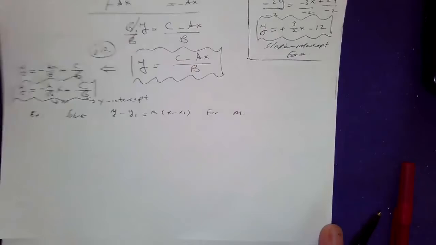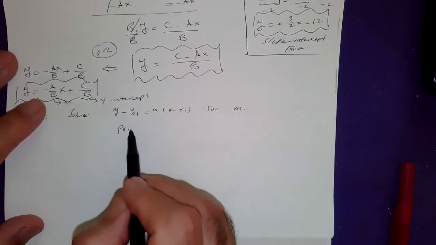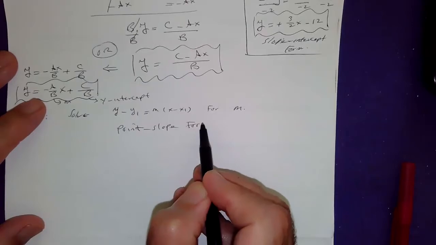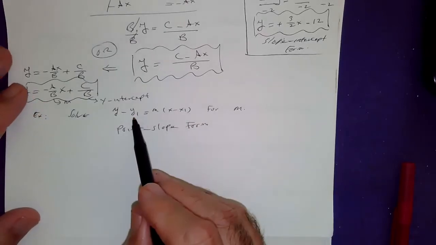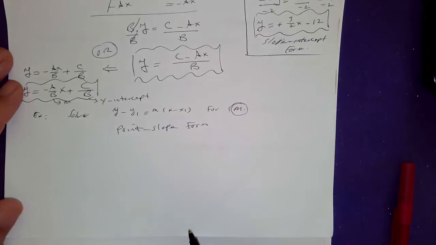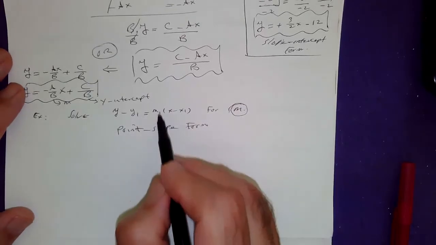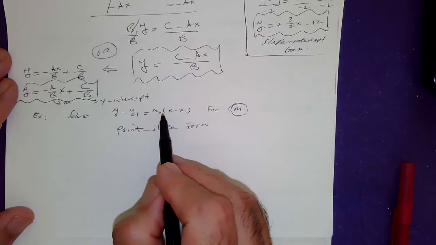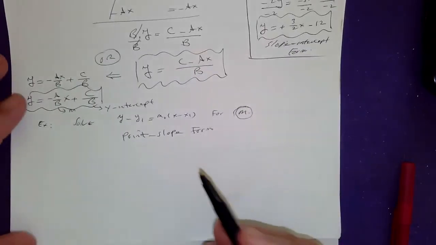This guy is called the point-slope formula. The point is x1, y1, and the slope is m. The idea is, can you solve the equation for m? I see between m and this quantity, there is a multiplication sign. If there is no sign, by default, that means multiplied.